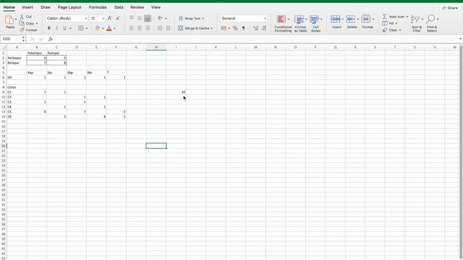Regarding these, since there is nothing on the right hand side, the values would be 0. Now the inequality signs are important.